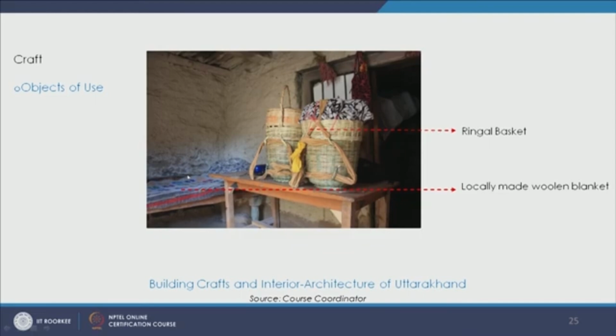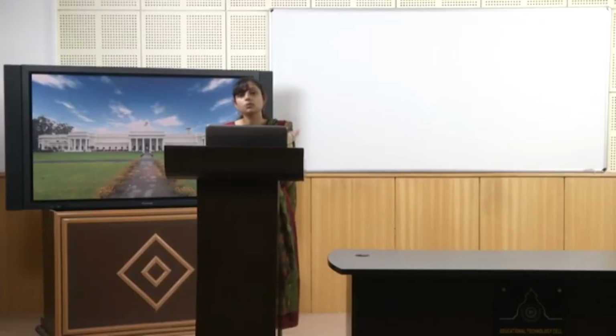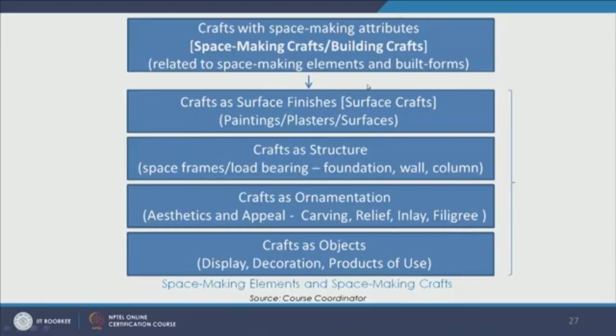Just to give an overview of what we discussed today. We discussed these slides, but I am just putting it as an overview so that it becomes easier for us to take this summary forward in the next module and see more examples and try to understand these categories more clearly. So today we tried to understand the attributes of craft. So it has space making crafts.